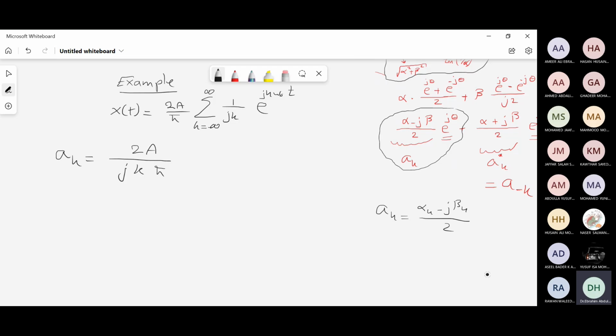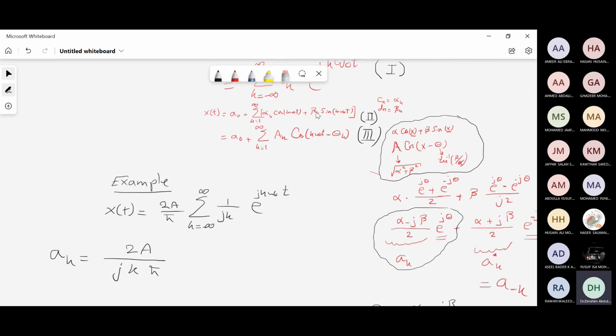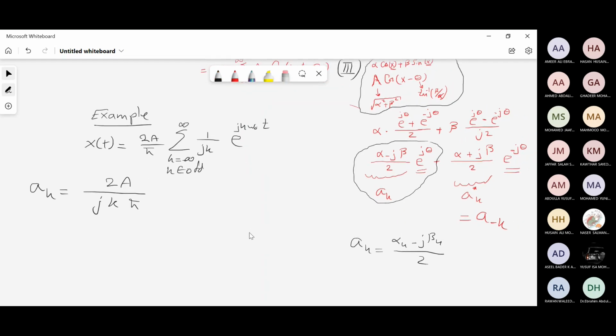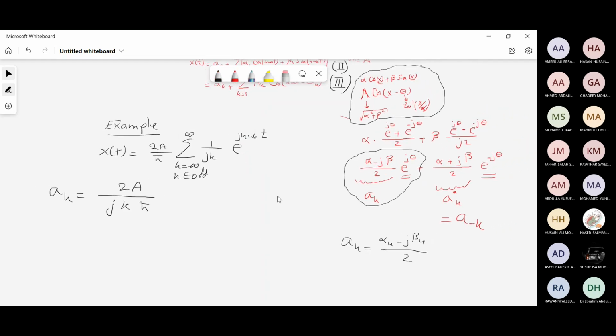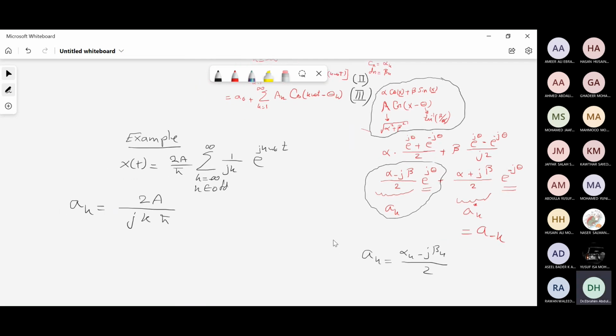So we need to find alpha and beta. By the way, this is k belongs to odd, which means that this is also its odd part from k.